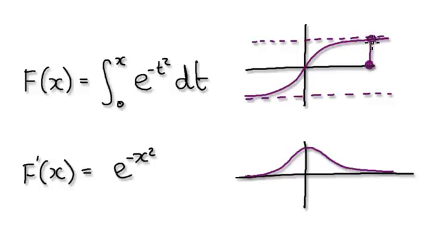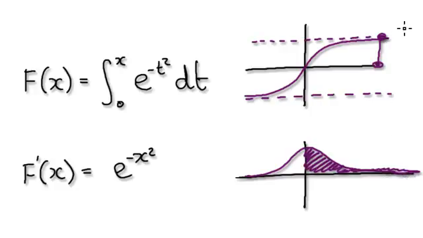Okay, so this and something else. The limit here, the height here, can be interpreted as the area from 0 to infinity as x heads towards infinity. So the limit here, this asymptote here, is really the area from 0 to infinity. The height here is really the area from 0 all the way to infinity.